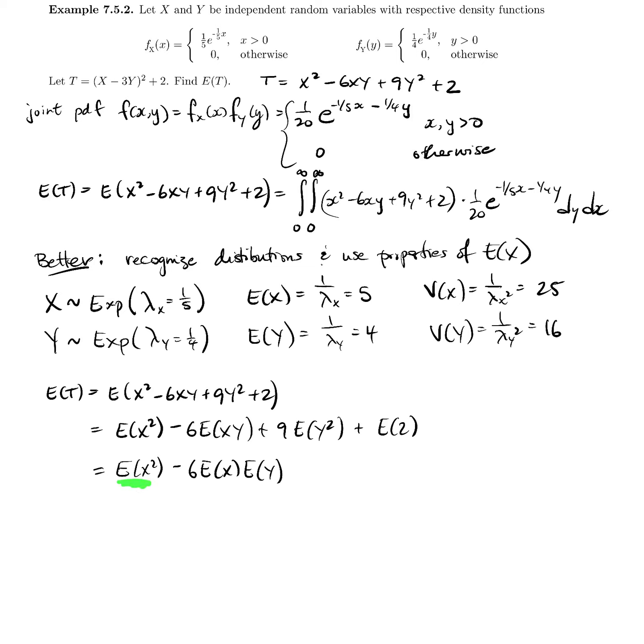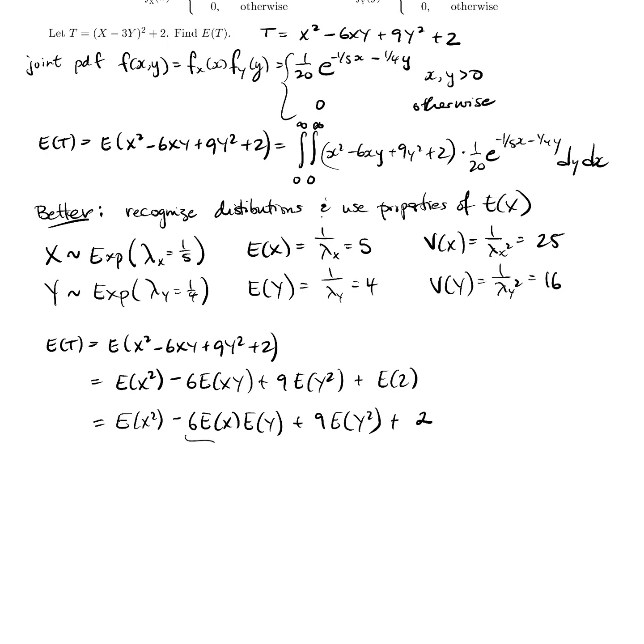So this is not E of X times E of X. We're going to have to think of something else for here. In the same way, 9 times E of Y squared, that's not E of Y times E of Y. E of 2, expected value of a constant, is just that constant. Right, so this was by independence.